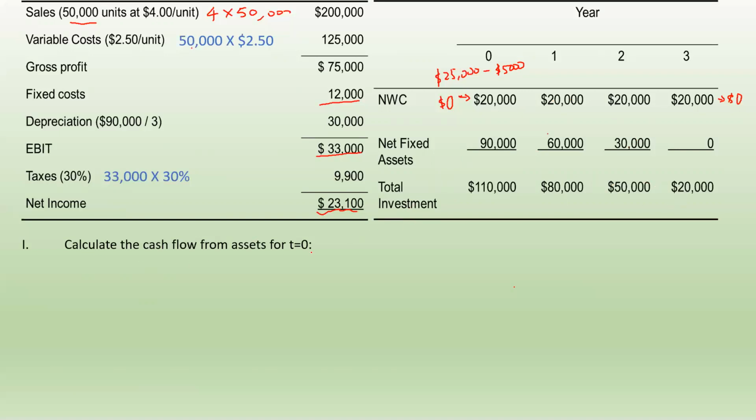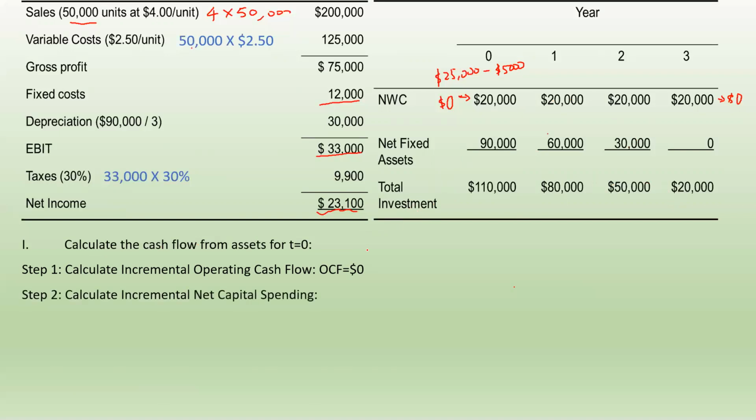First, we calculate the cash flow from assets for t equal to 0. Operating cash flow is 0 at t equal to 0. When you buy the assets, it doesn't generate revenue immediately. The incremental net capital spending, that is the equipment you paid, that's the cash outflow, it's 90,000.